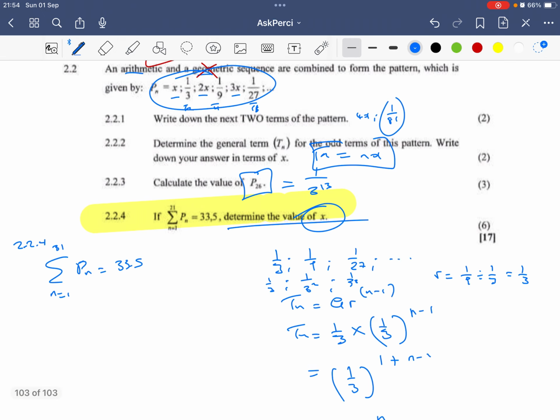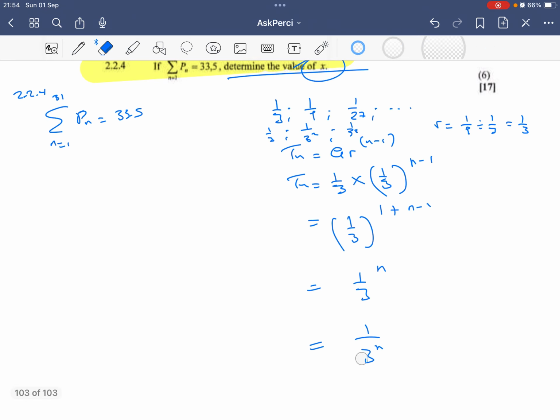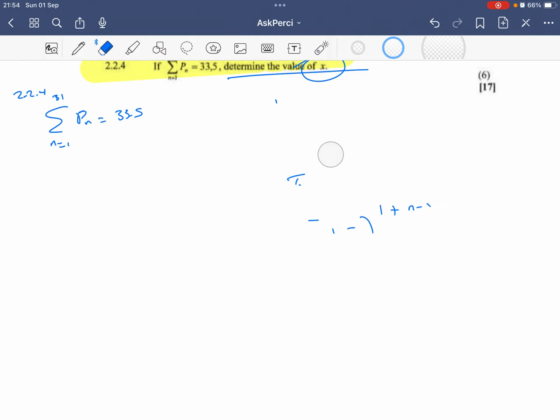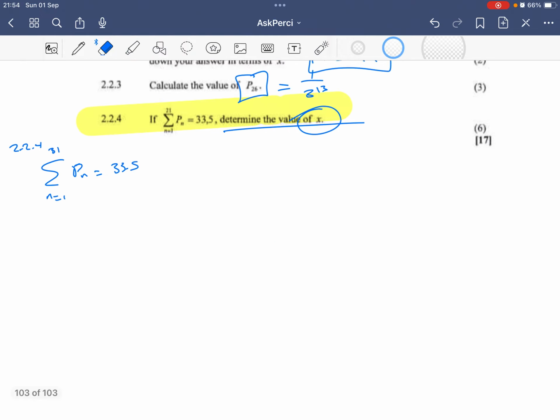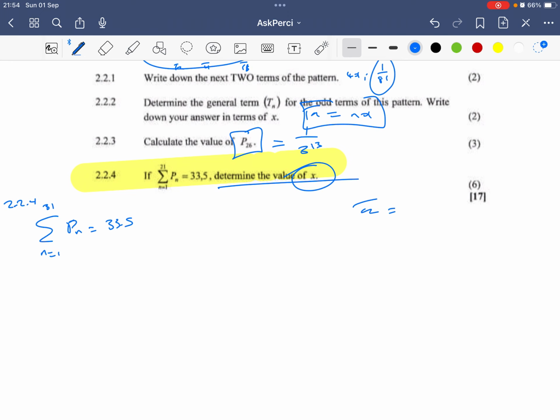We know that the even sequence is 1/3 power n. Great. So Tn is equal to 1/3 power n. What I'm saying is the sum of these sequences is equal to the sum of the even numbers and the odd numbers.